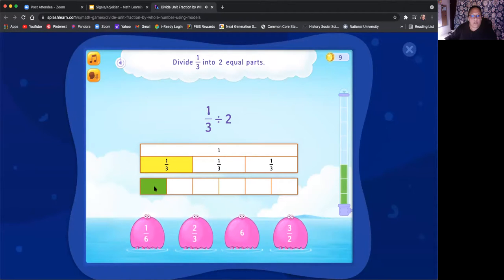One third into 2 equal parts, but I have 3/3 here, but I only need 1/3. So if I were to divide 1/2 into 2 equal parts and do that on each section, I would have 1/6.